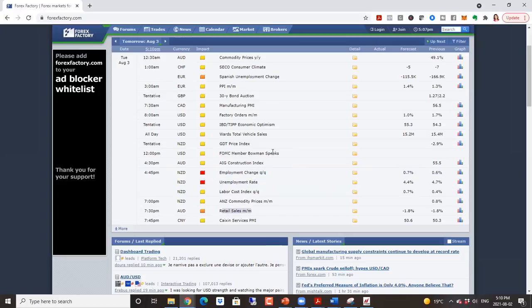And then retail sales numbers for Australia, as well as the goods and services PMI numbers for China. Chinese numbers generally have an impact on the Australian dollar and New Zealand dollar, just because those countries are tied into China with a trade relationship because of them being neighbors. So that's all we have in terms of the data that's coming up.